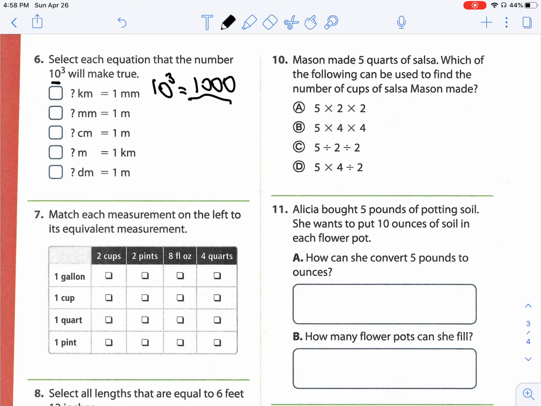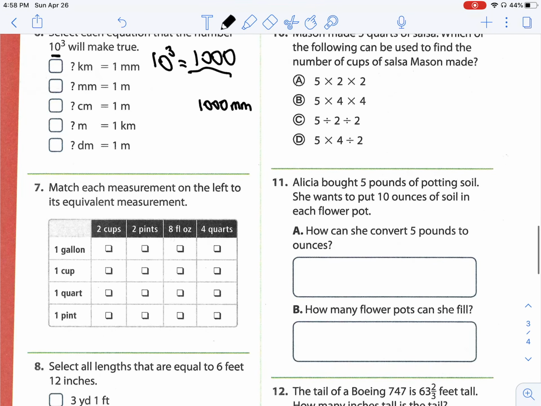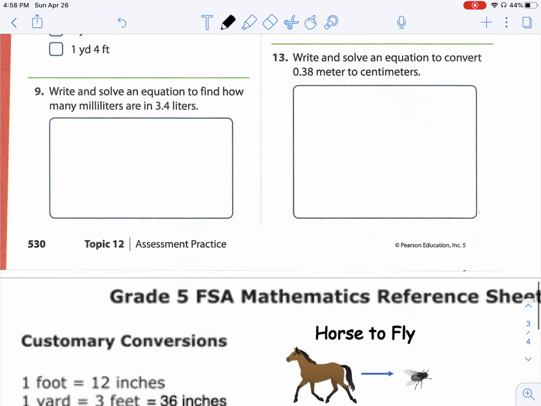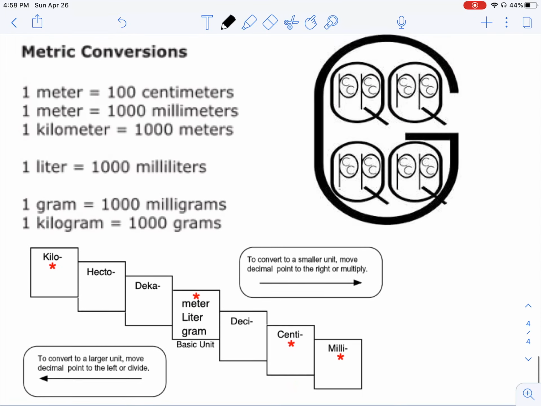How about 1,000 millimeters equals 1 meter? Well, that one we might need to check out. So I'm going to go to my diagram here, 1,000 millimeters and 1 meter. Here we go. 1,000 millimeters.